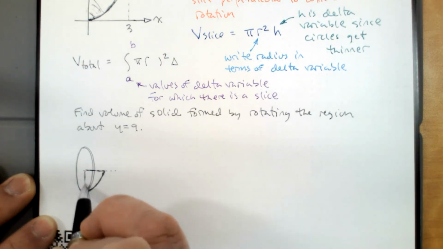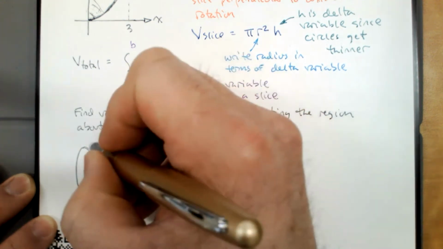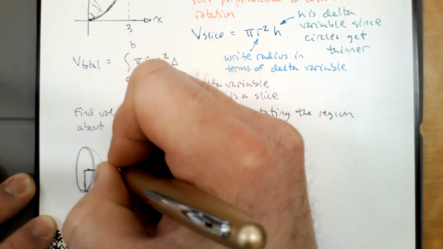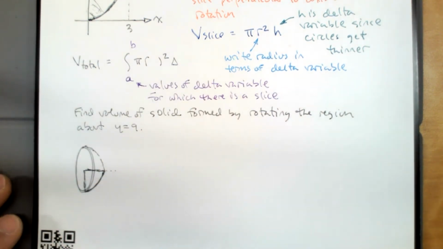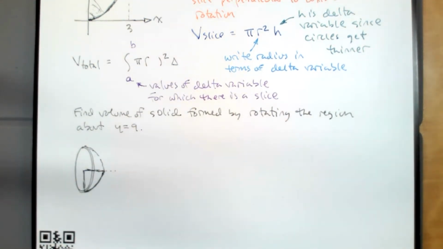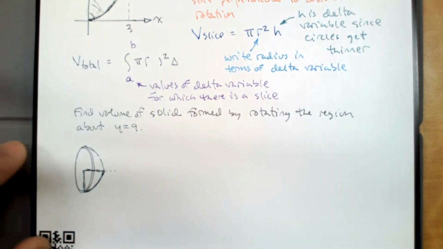So there's our original region. Last week, our circular parabola had a rounded bottom. We should notice that on this solid, there's a pointy bit.